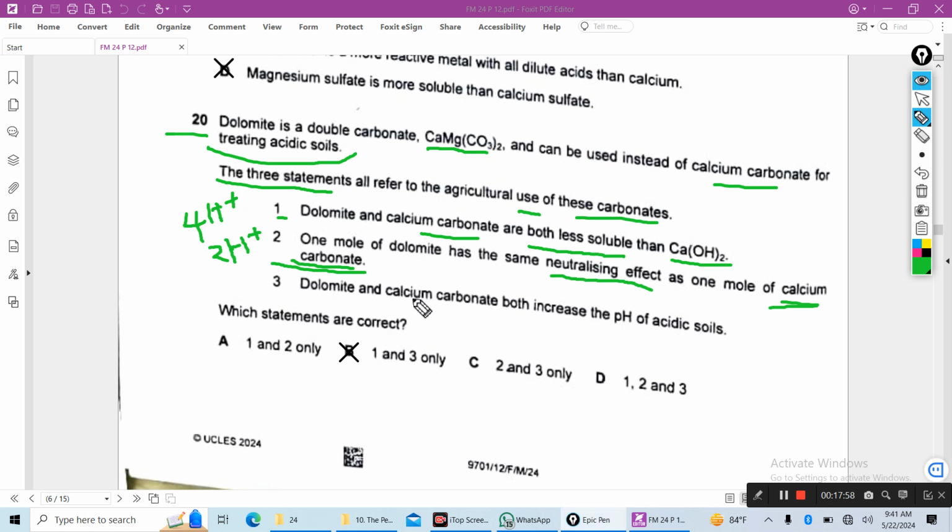So not the same, 1 mole of dolomite has a different neutralizing effect.